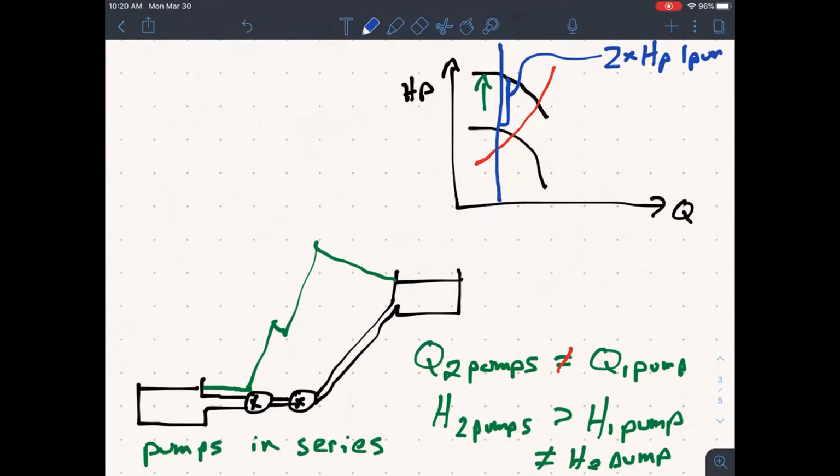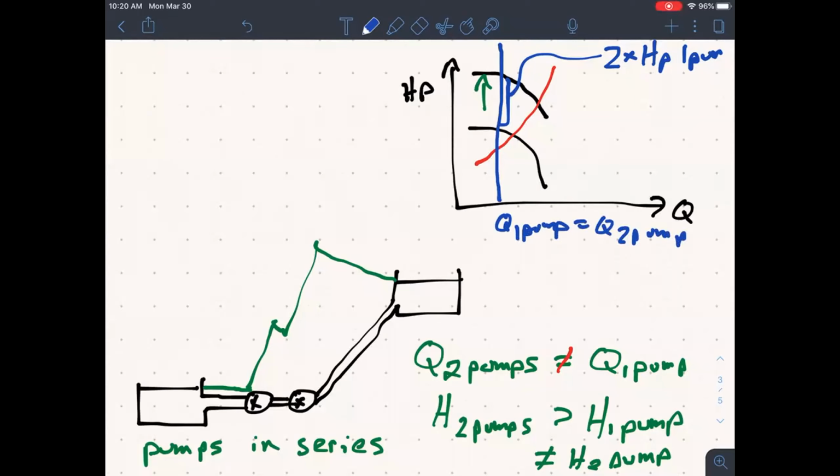So all we did is we took the pump curve, we multiplied all the y values by 2 to get the shift up. But you see that the discharge rate doesn't actually change. So this is Q1 pump equals Q2 pumps for the pump curve, but not for the actual system.